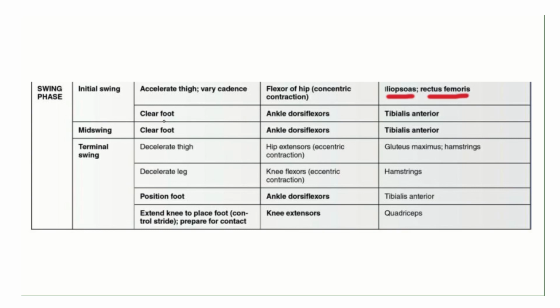And to clear the foot from the ground, the ankle dorsiflexors, which were working before, will be working here as well. The tibialis anterior will be working to clear the foot off the ground. The next phase, mid swing, is actually when the foot is not touching the ground.